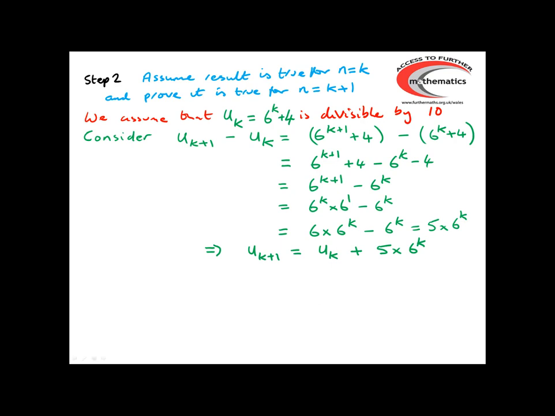6 to the k is a positive integer, so 6 to the k is certainly an even number. 5 times an even number is certainly divisible by 10. We're assuming that uk is divisible by 10. So I've got uk plus 1 is a number divisible by 10 plus another number divisible by 10.